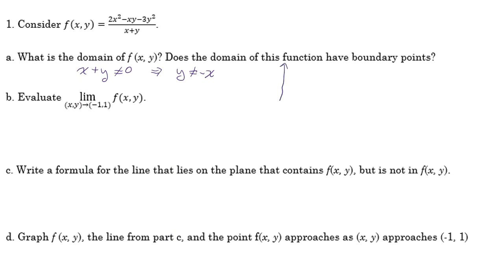Well, it does. So if we graph this domain, we could graph the line y equals negative x, but make it dotted because y can't equal negative x. So that's the line y equals negative x. And then the domain of this function would be anything that's not on that line.